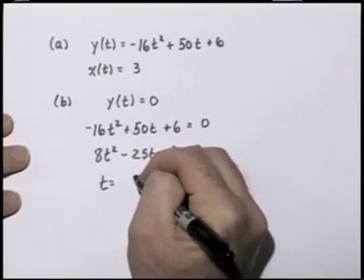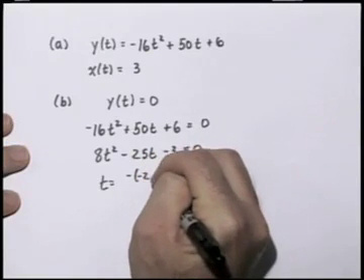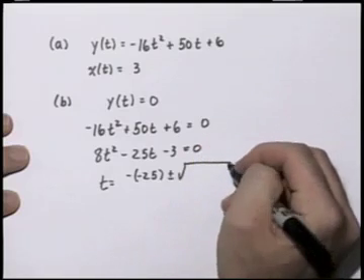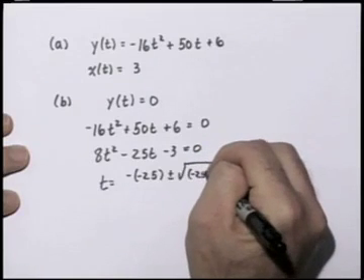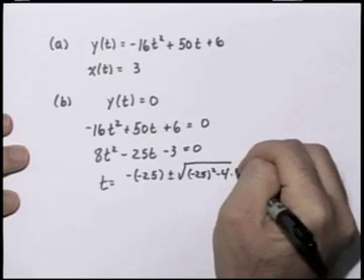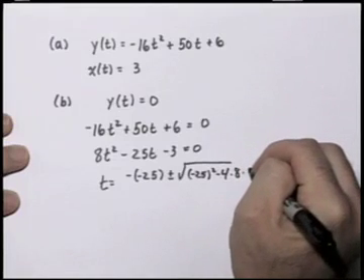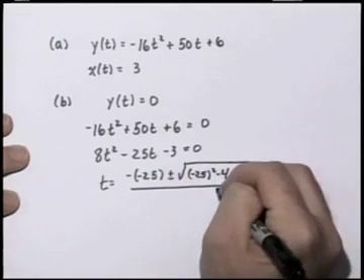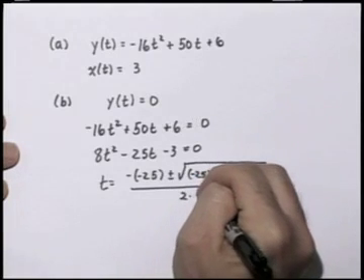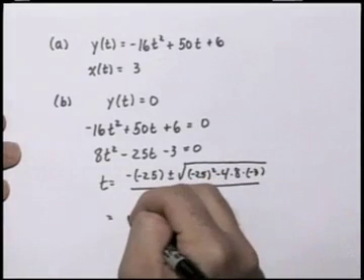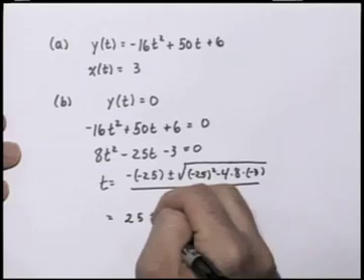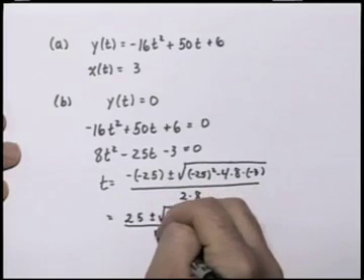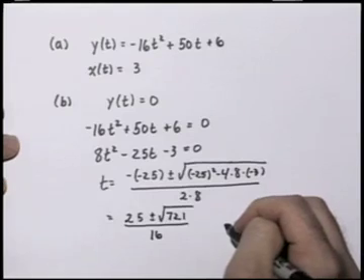We get that t equals negative b, so negative of negative 25, plus or minus the square root of negative 25 squared minus 4 times 8, which is a, times c, which is negative 3, all over 2 times a. So that gives me 25 plus or minus the square root of 721 all over 16.